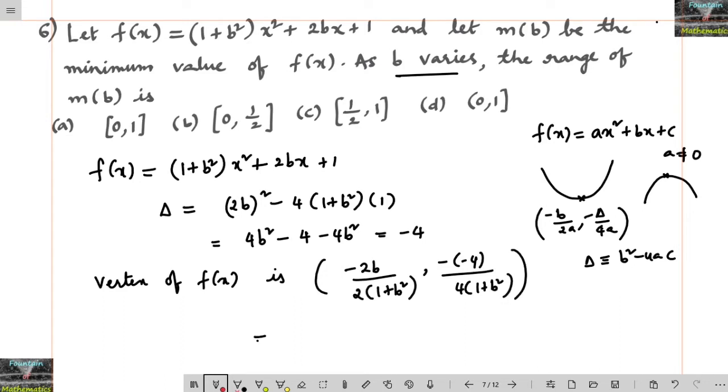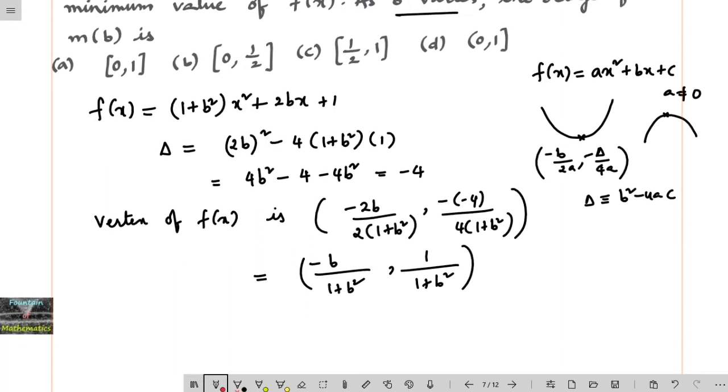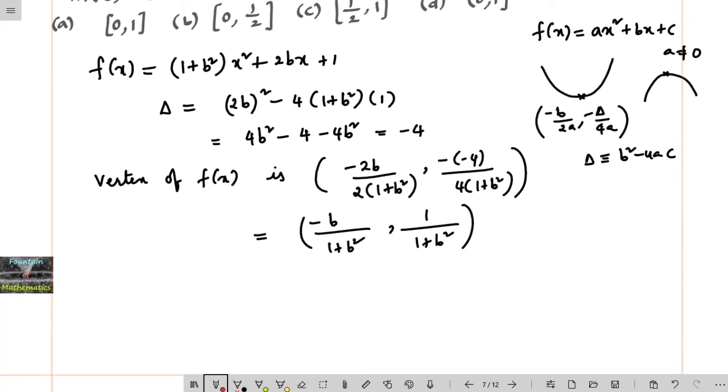Which is nothing but minus b upon 1 plus b square comma, 4 upon 4 we can cancel, 1 upon 1 plus b square. So the vertex of the given function f of x is minus b upon 1 plus b square comma 1 upon 1 plus b square.